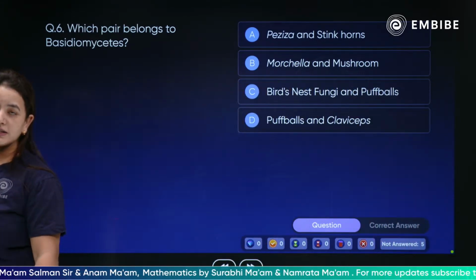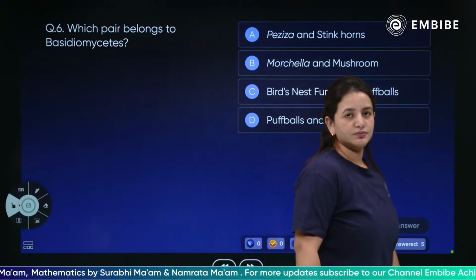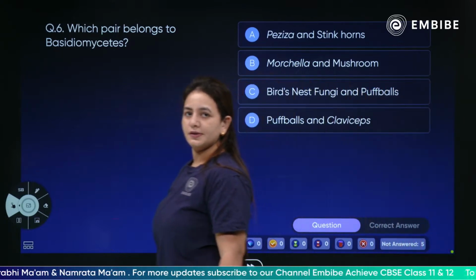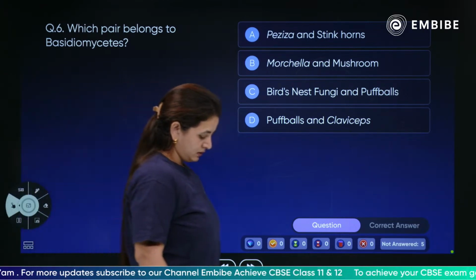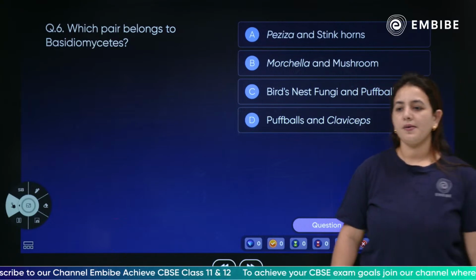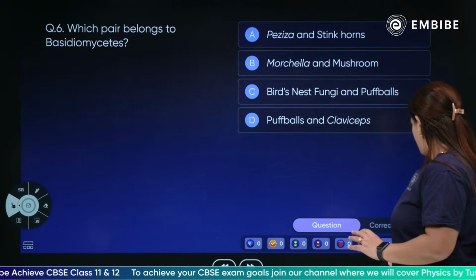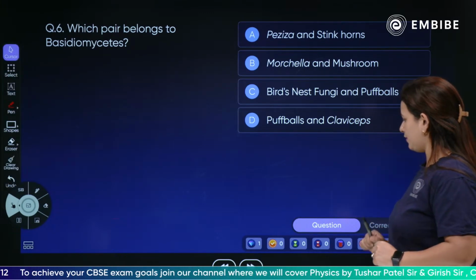We have also discussed the characteristics of Basidiomycetes. Which among them belong to Basidiomycetes? Everyone.